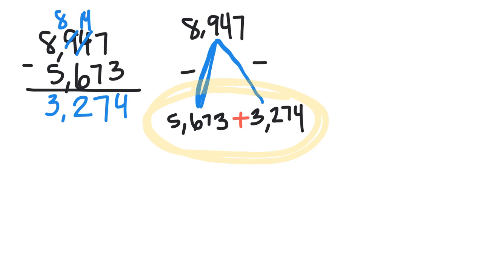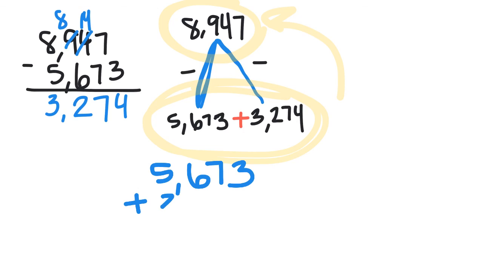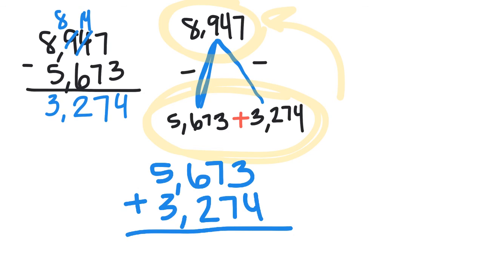If my math was correct, they should add together to get the number that's on the top of my mountain. So let's see what happens. 5,673 plus 3,274. I hope this works because otherwise it means that I made a mistake somewhere.